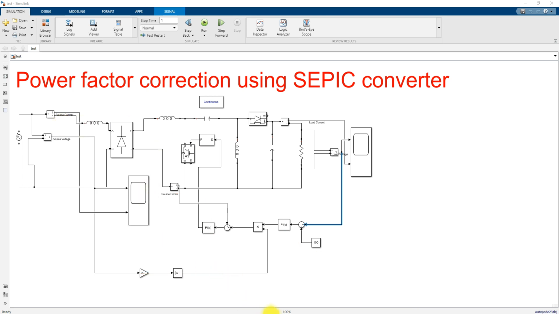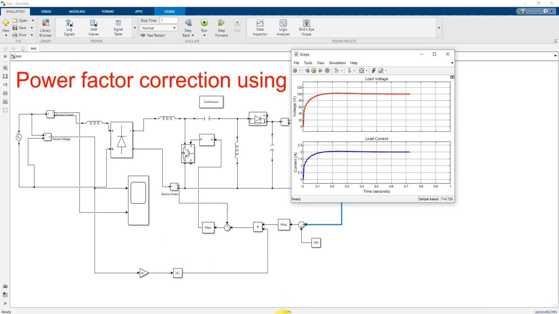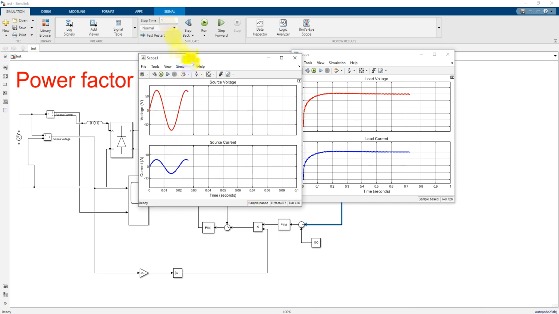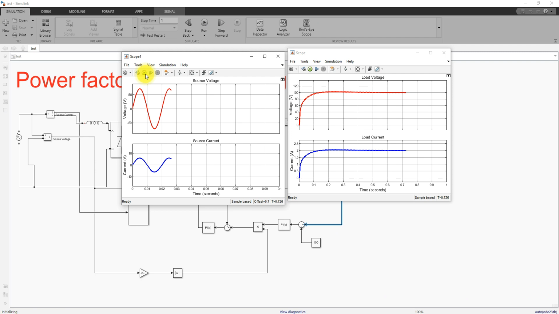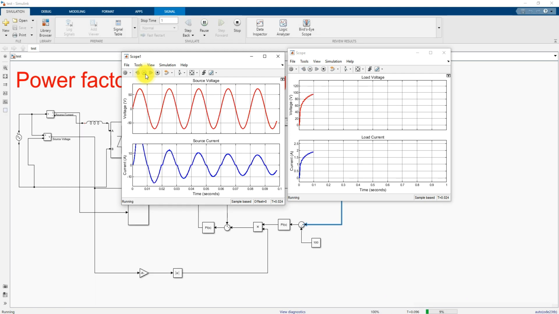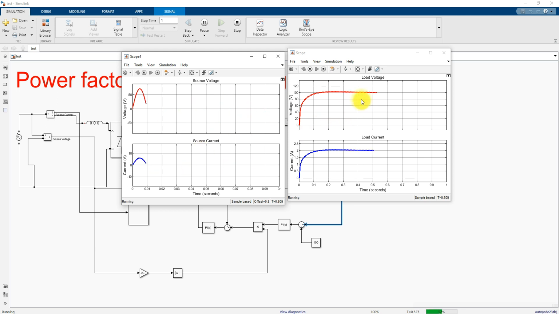So let me check the result of this system. I'm going to simulate this model. Now you can see the nature of the source current, right? The source current is sinusoidal, and you can see the response of the load voltage.